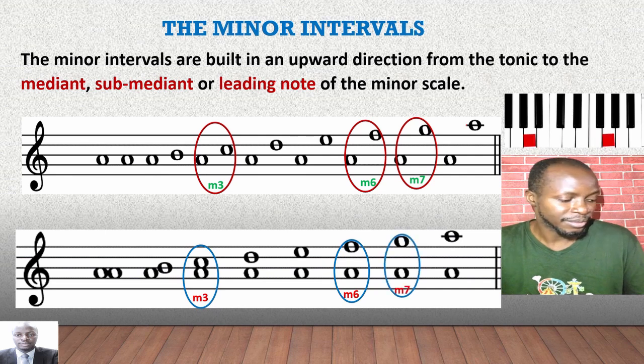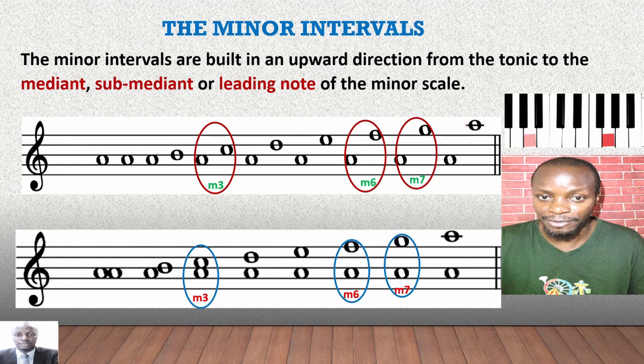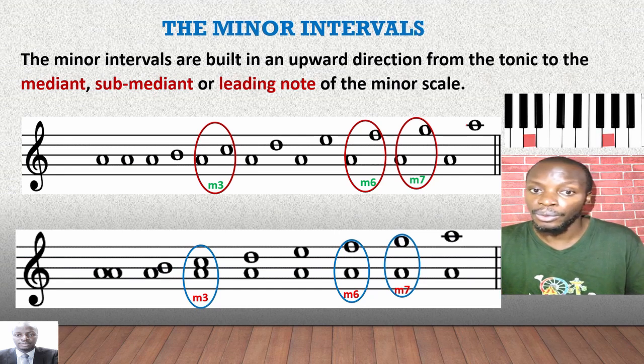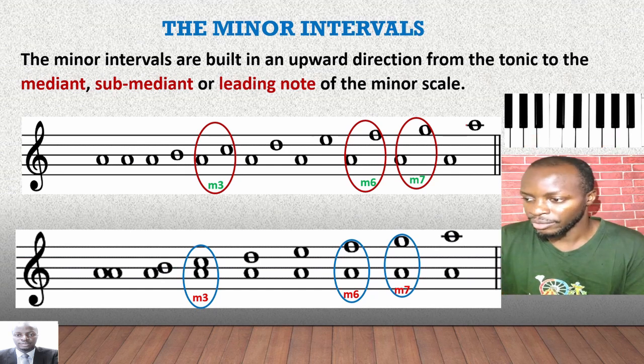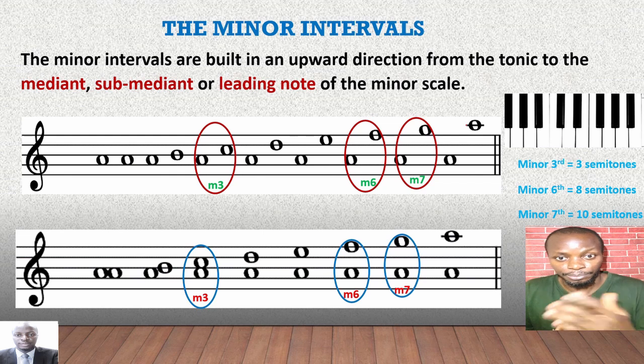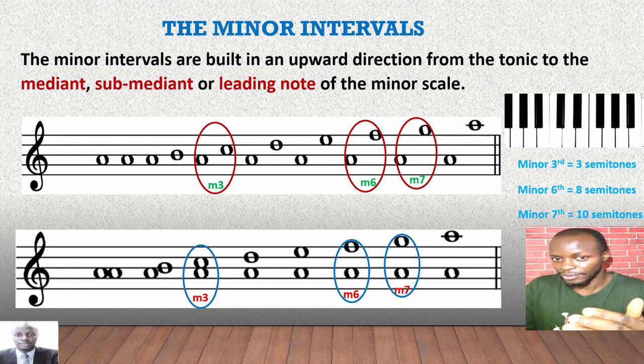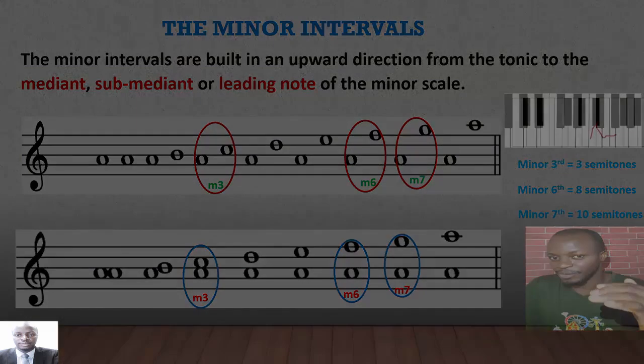And it's also a minor interval, and that's a minor seventh, right? La, Sol. In summary, minor third has 3 semitones, but a major third has 4 semitones. Minor sixth has 8 semitones, but major sixth has 9 semitones. Minor seventh has 10 semitones, but a major seventh has 11 semitones, right?